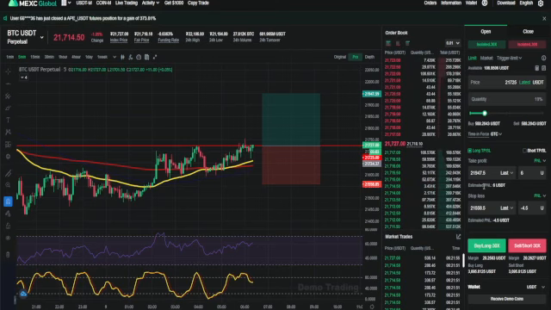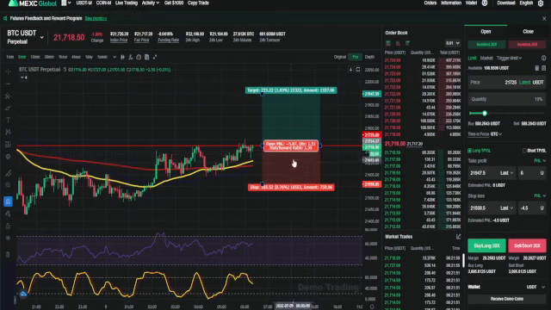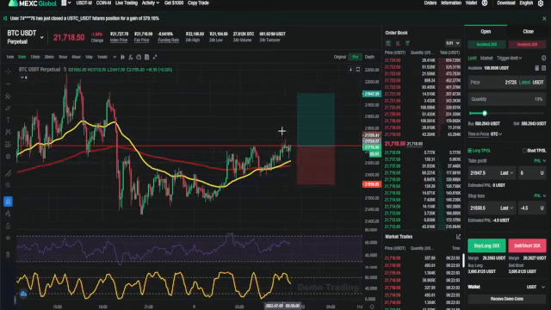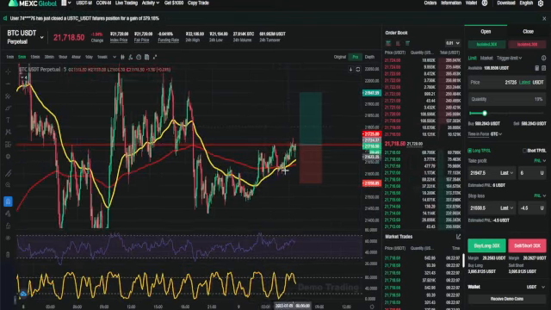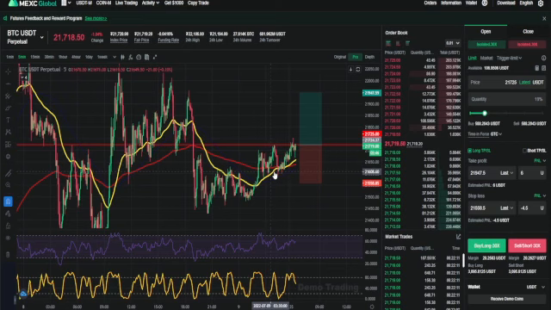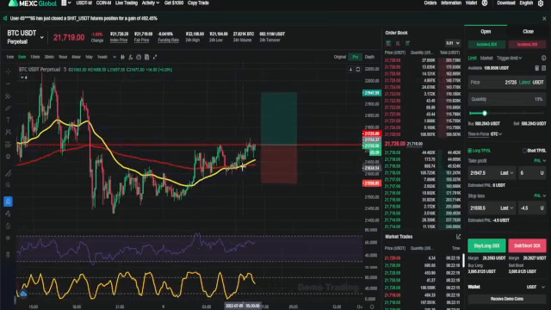Now, on something like Bitcoin, leverage is huge, but it's honestly pennies because Bitcoin's price is actually so high. Each price movement doesn't equate to a lot of actual percentage.